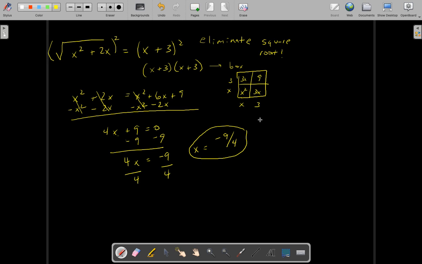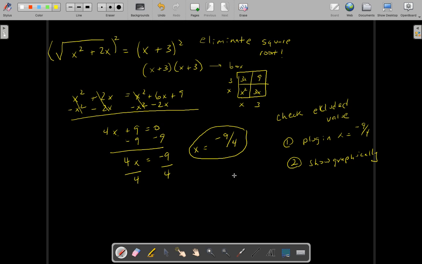And we could check again to see if that's an excluded value. First, you can plug in x equals negative 9/4, or you can show it graphically. My expectation is that you're going to be able to show that graphically by using the decimal.